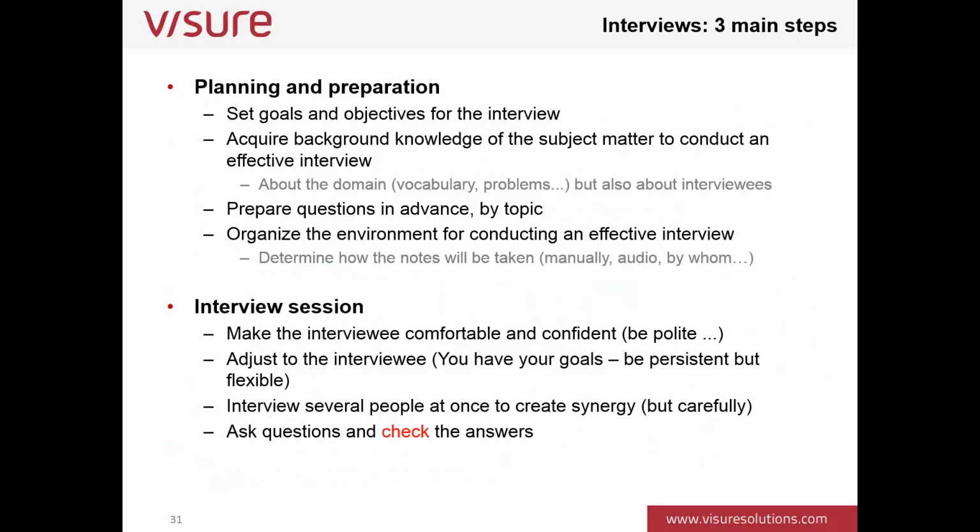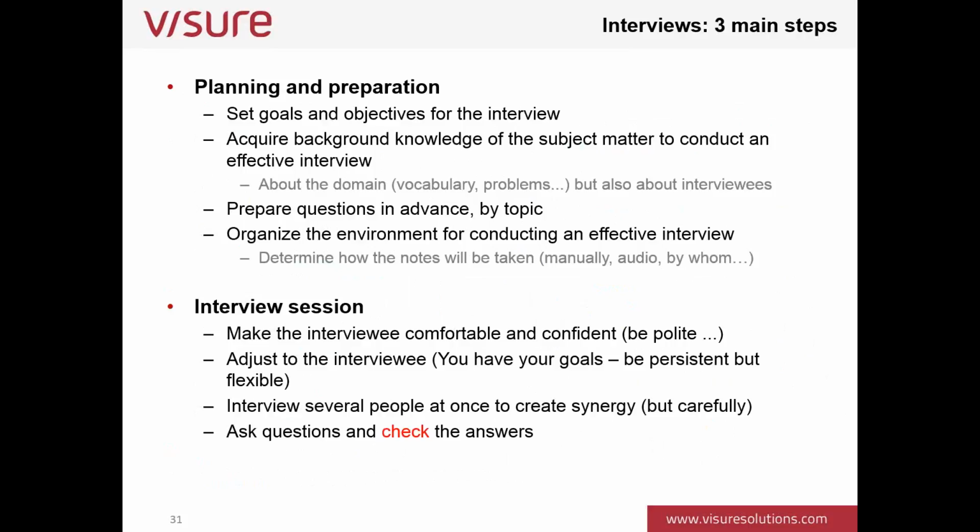We have to set the goals and objectives of the interview before going to the interview, of course. Get some background knowledge of the subject in order to conduct an effective interview. Before going to the interview, we must try to understand the problem, the domain, and the vocabulary that the interviewee is going to use, so he's going to feel more comfortable, and so on.